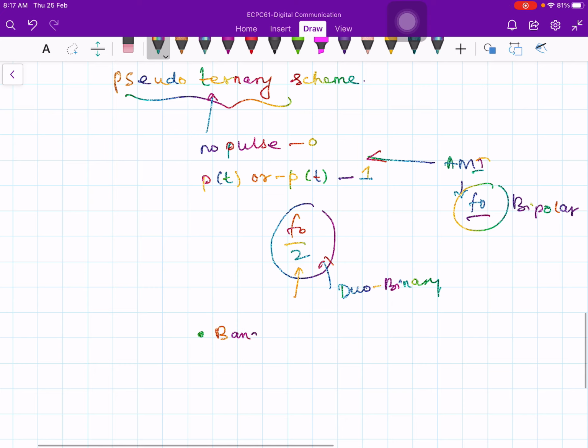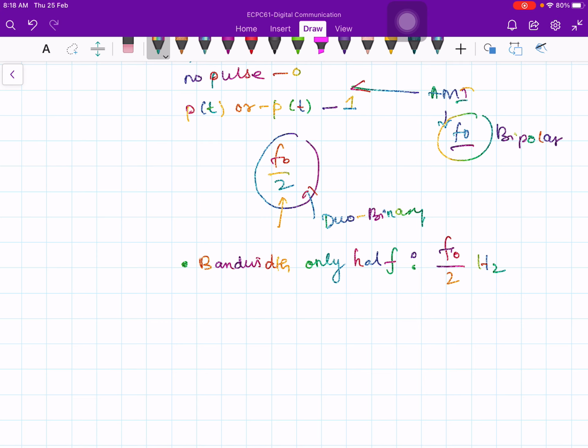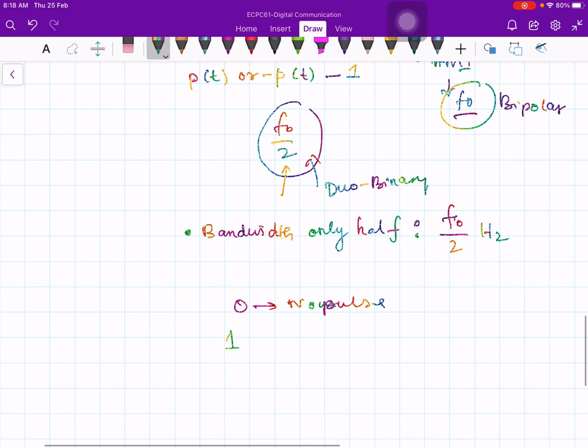Therefore the bandwidth is only half, f0 by 2 hertz. Now the basic scheme in duobinary signaling is as follows. 0 is transmitted by no pulse, and 1 is represented by a pulse shape p of t or its negative, minus p of t.